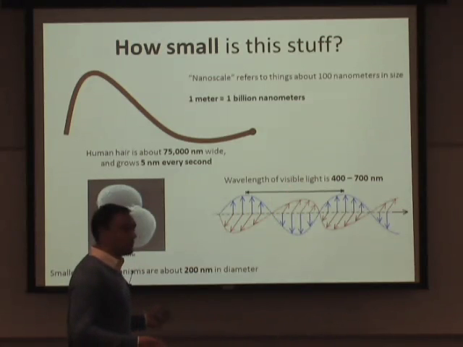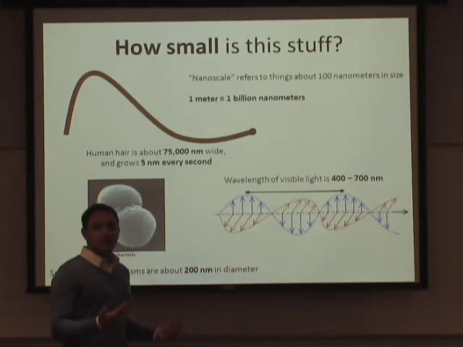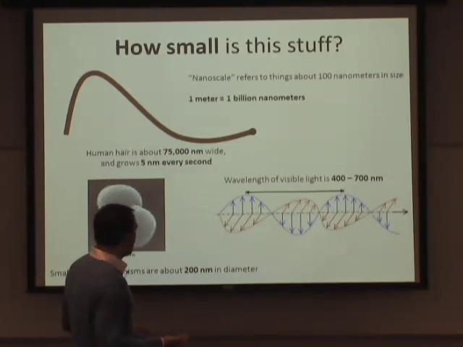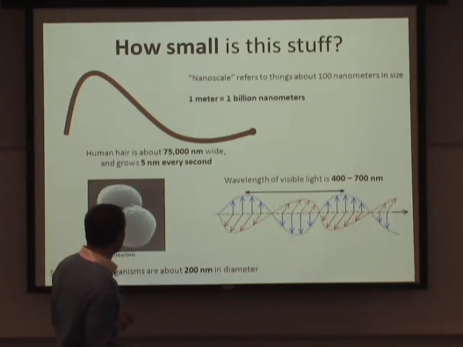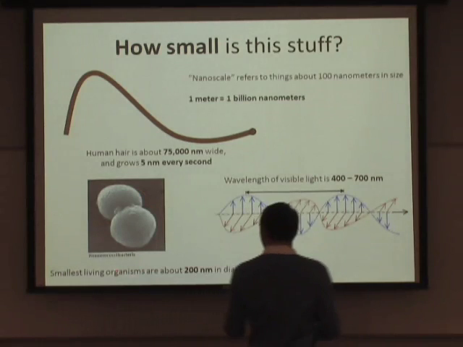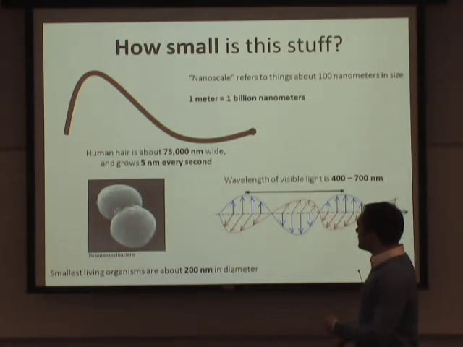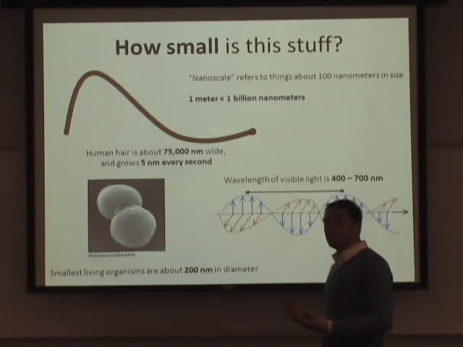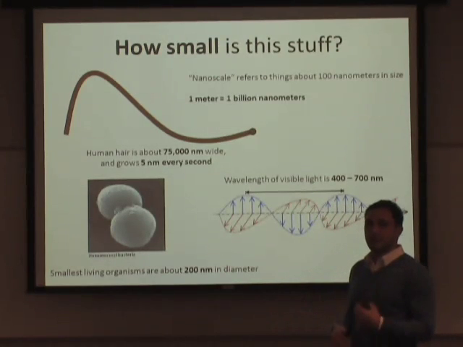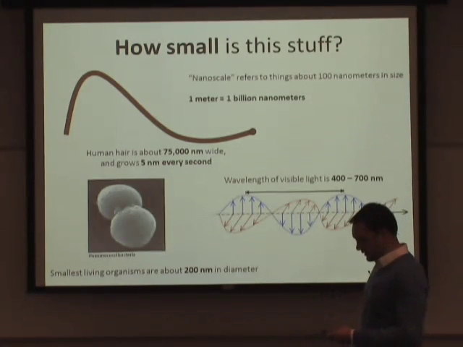The wavelength of visible light ranges from 400 nanometers to 700 nanometers. Some of the structures we'll be looking at are smaller than this visible light. For example, this pneumonia bacteria here, one of the smallest living organisms, this image was taken with an electron microscope because it's too small to even be seen with visible light. And we'll learn how all these technologies work in this class.